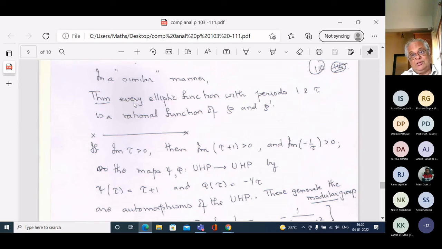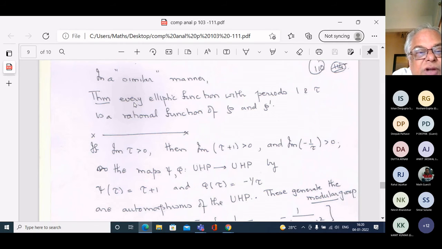I was keeping 1 and τ fixed, where τ is something in the upper half plane, that is, the imaginary part of τ is greater than 0.